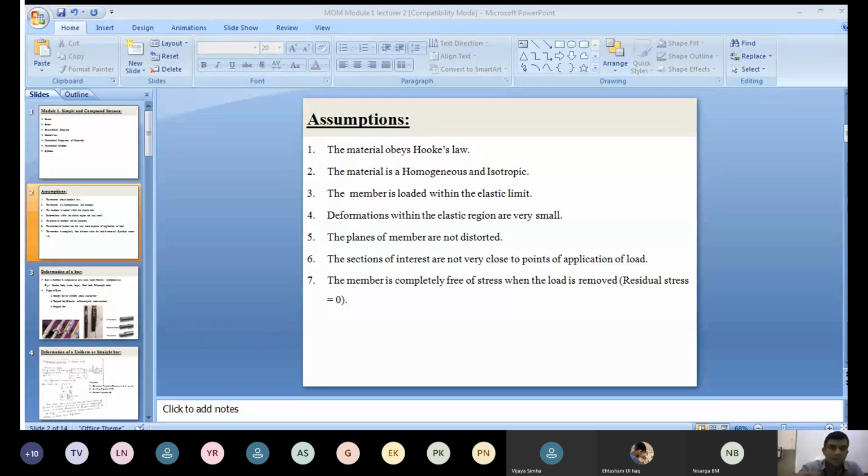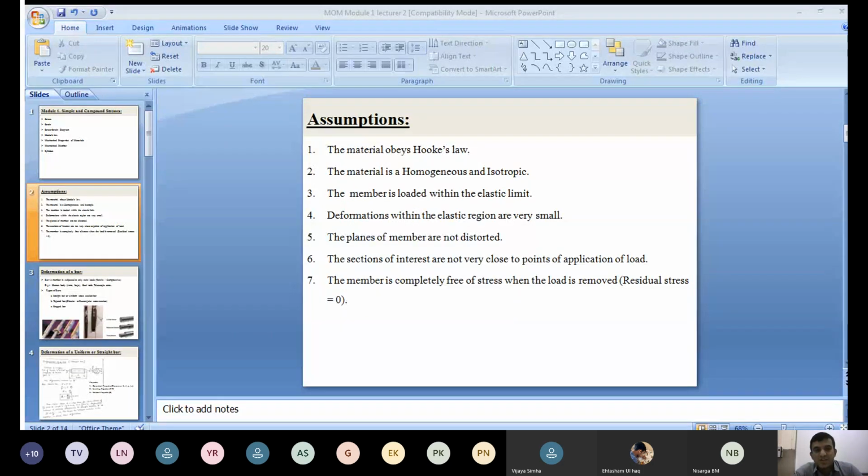In all directions the material property remains the same, then you say the material is isotropic. These are two very important assumptions. The material is homogeneous and isotropic, because we are dealing with theoretical analysis here, not the actual experimental or numerical one. This is the second important assumption.